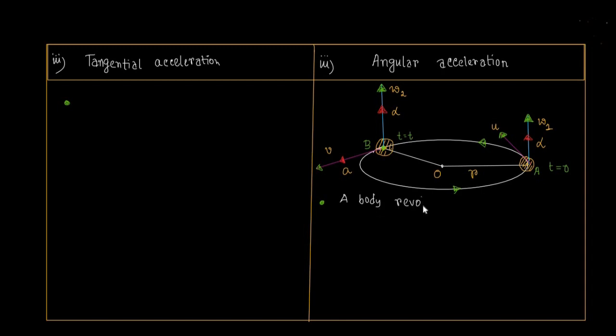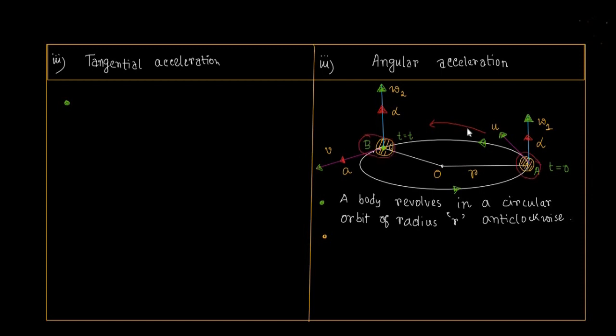A body revolves anticlockwise in a circular orbit of radius r, and the orbit exists in the horizontal plane. The body reaches from the point A to B in time t second. In that case, the angular displacement will be theta.